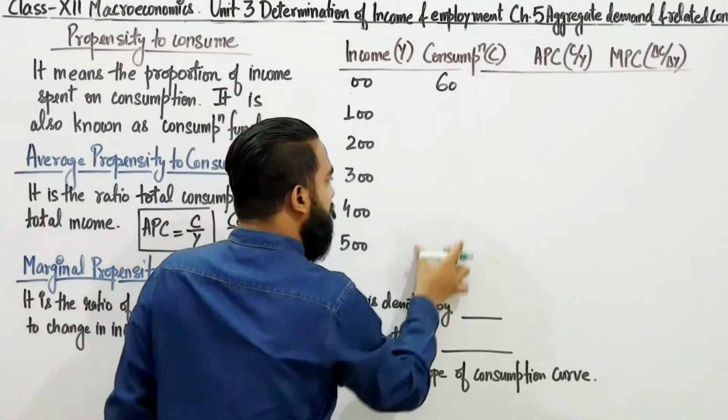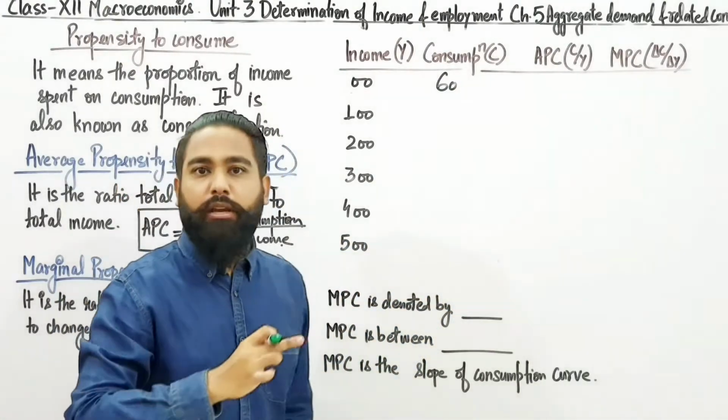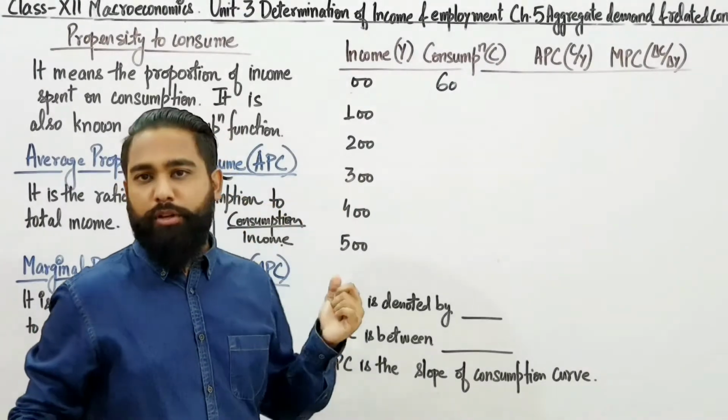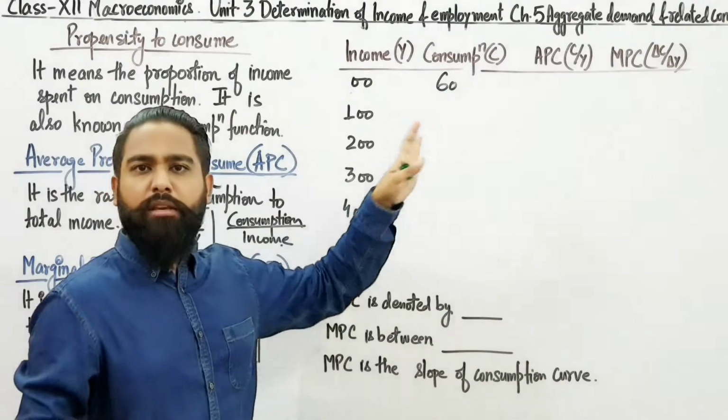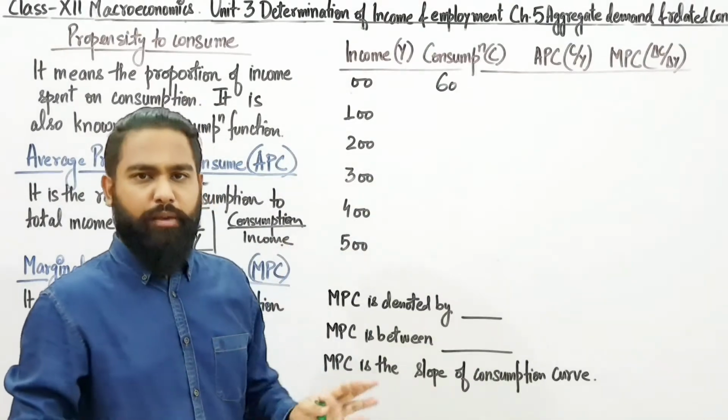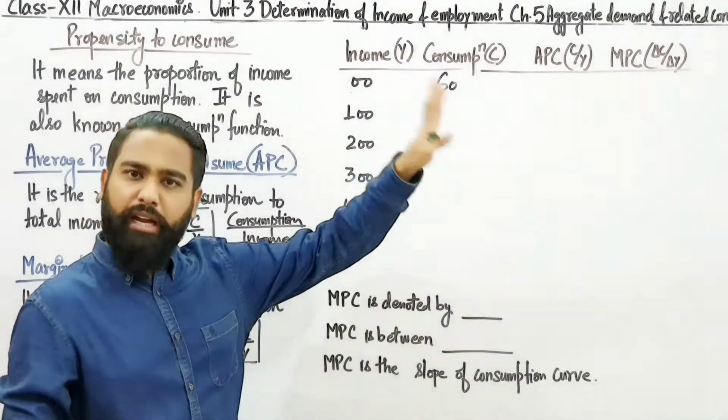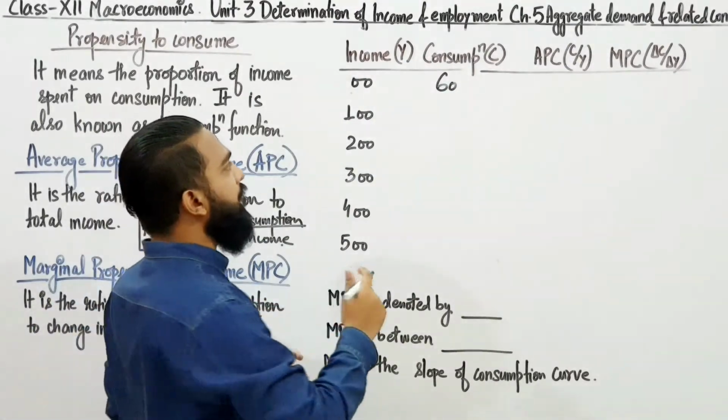You already know that there is a constant rate of increase in consumption. We were taking 40 earlier, we had taken 60. This time I am taking an increase of 80.